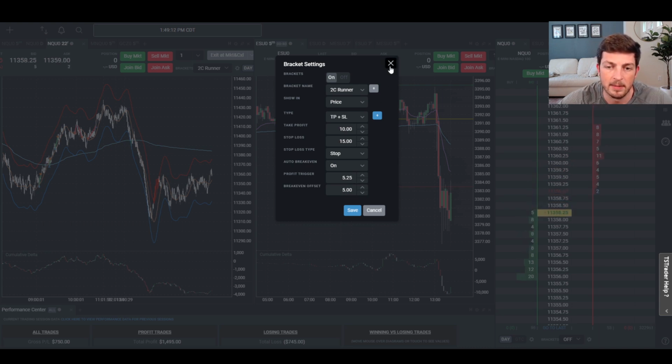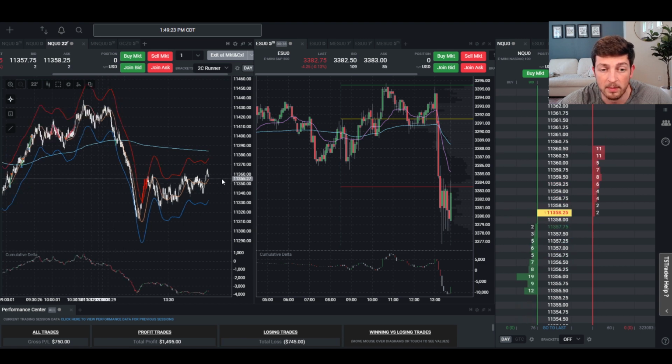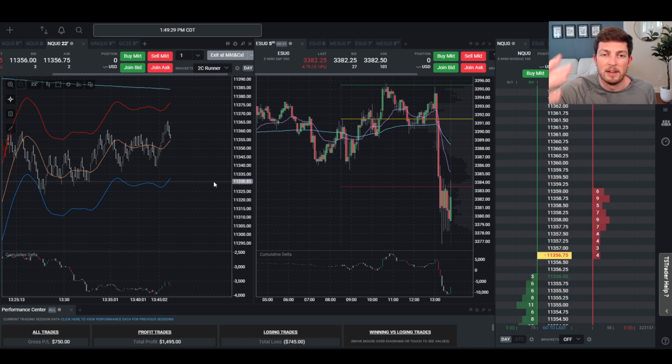So what that means is that if price moves 5.25 points up, it's going to automatically move my stop loss that was minus 15 up to 5 points in profit. So this allows me to lock in money automatically if the price goes in my favor.